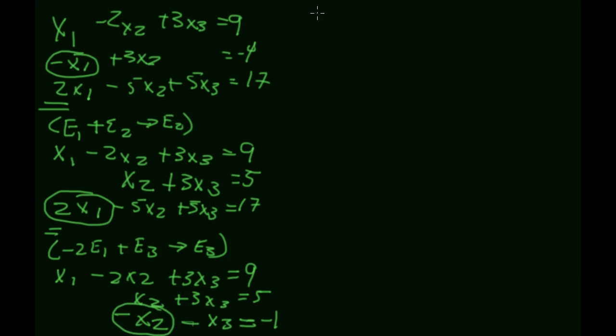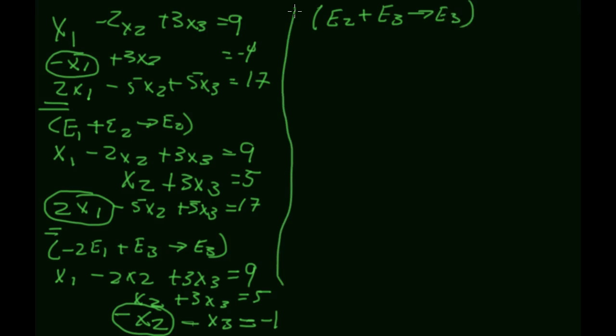So in order to make that a 0, we're just going to add the second equation to the third equation, and we're going to substitute that in for the third equation. So first equation stays as x1 minus 2x2 plus 3x3 is equal to 9.